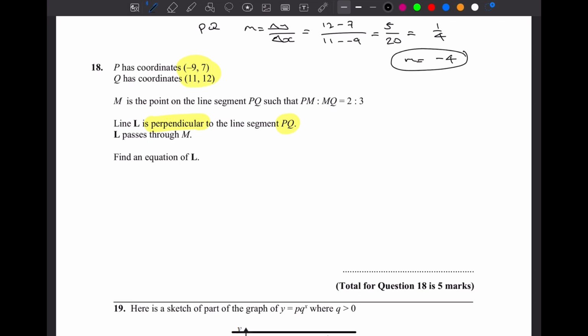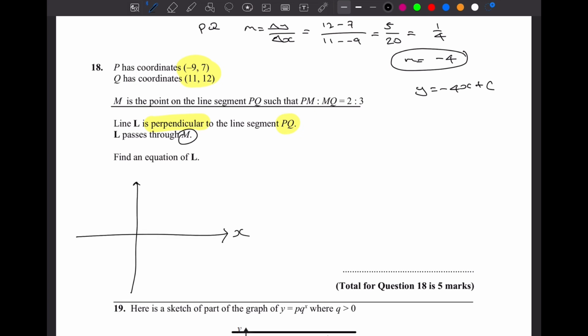So I know the gradient, so y equals minus 4x plus c. And I need to work out the point M. M is the point on PQ. You just need to find the coordinates of M. So if you do a sketch, x and y axis, P is minus 9 comma 7, let's say here.